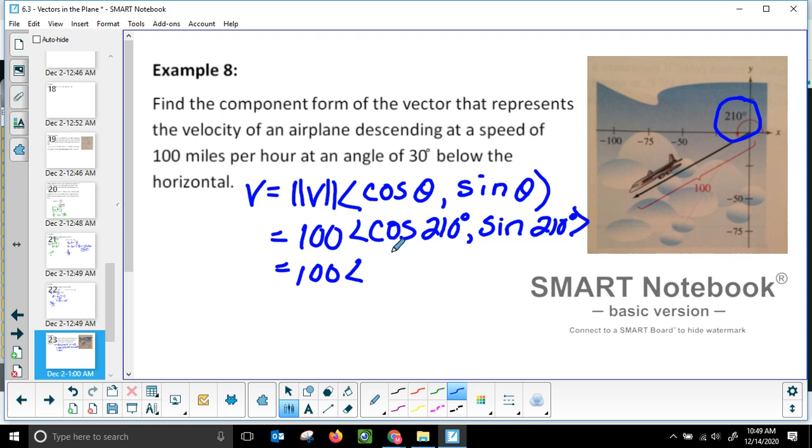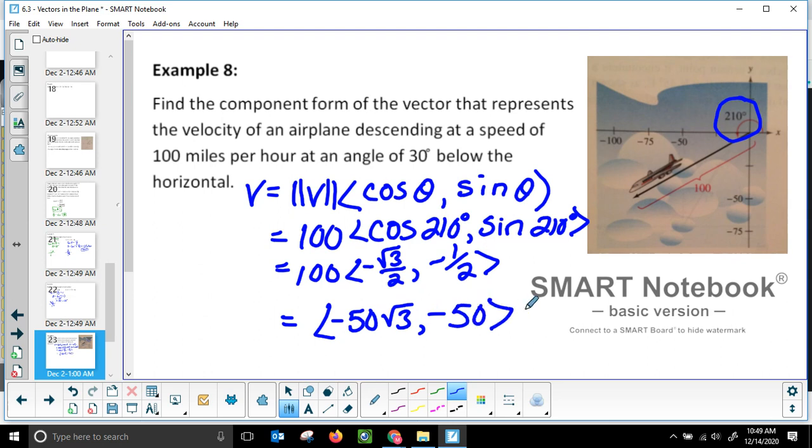So the cosine of 210 degrees is negative square root of 3 over 2, and the sine of 210 degrees is negative 1/2. If we multiply these both by 100, we get negative 50 root 3, comma, negative 50.